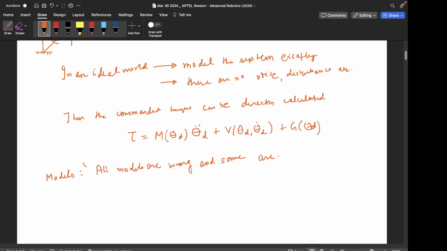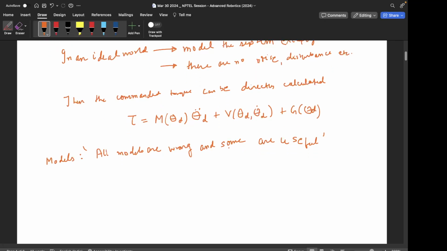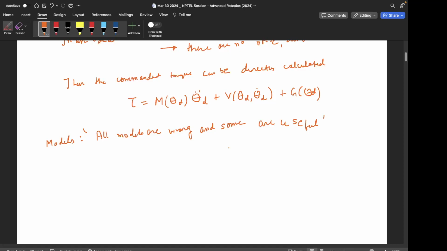So we just want that much accuracy in our model that we are able to execute our desired task on the real system. If you go deeper into these aspects, you will find that there's always a trade-off between model accuracy and computational effort, because as you increase the accuracy of the model, the computational requirement also increases.